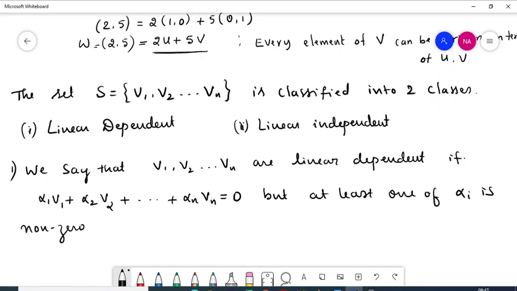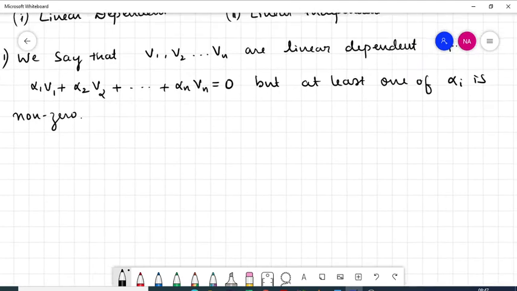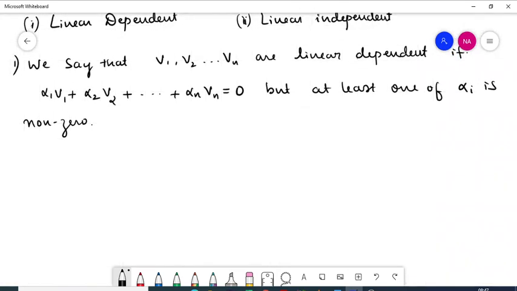Then we say that they are linearly dependent. Okay, this is the condition. I think this condition may be a bit confusing to you. For the time being, let us not worry about this. Let us come to this.